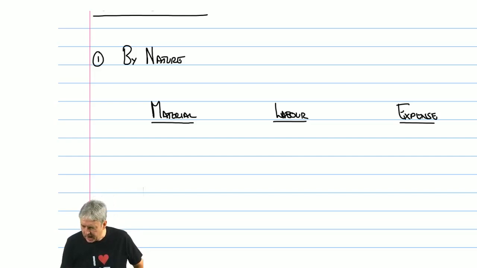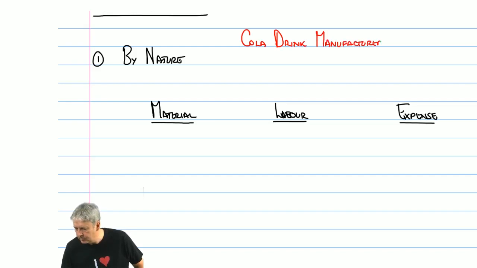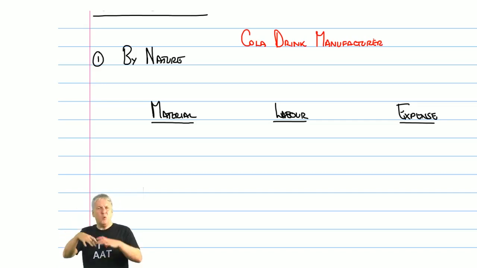Let's just suggest, just for fun, that we're making a delicious cola drink. So we're a cola drink manufacturer. If we're a cola drink manufacturer, what sort of material costs do we incur? What do you think?